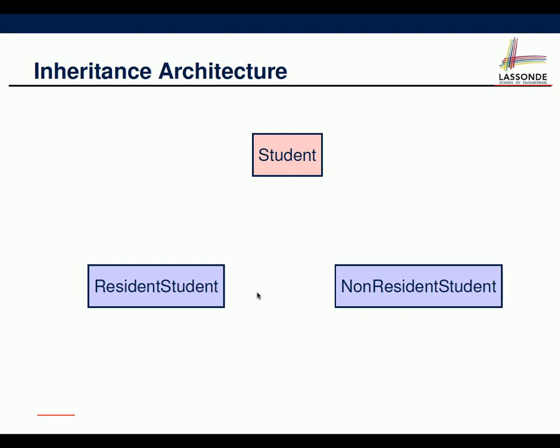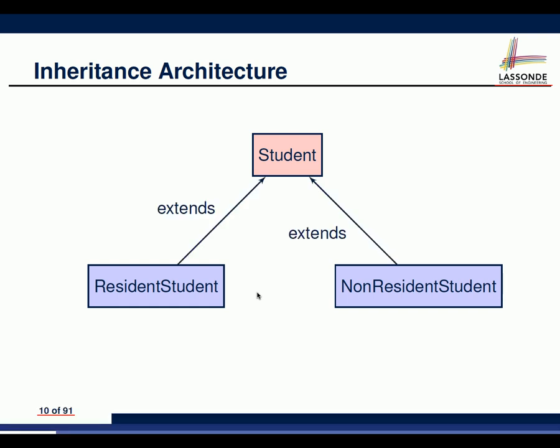So this is a new keyword you have to learn in Java called extends. Let's get some intuition over here. If I say resident students extend students, what that means is resident students is going to inherit or accumulate all the attributes, all the methods that you define in the student class.